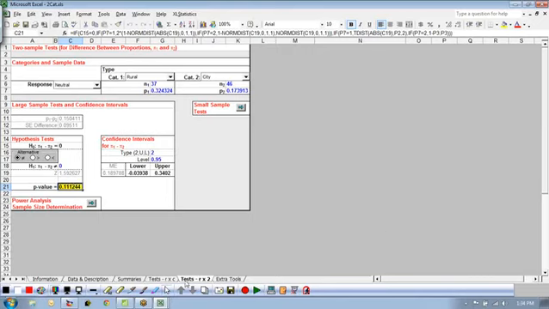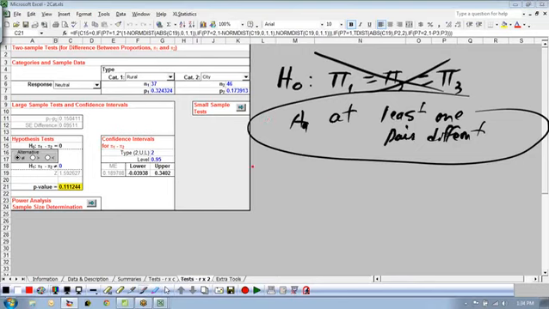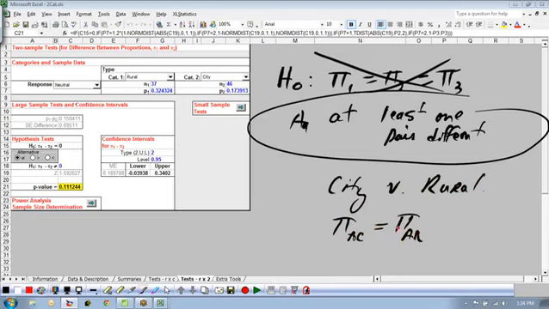Not too super interesting, but what we can really say is that if we're comparing city versus rural, the proportion who agree is different in the city versus rural. We can say that the proportion who disagree in the city differs from that of rural.